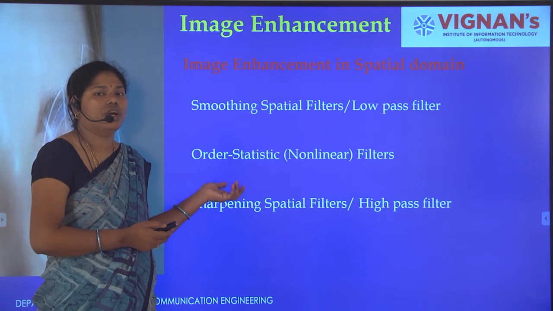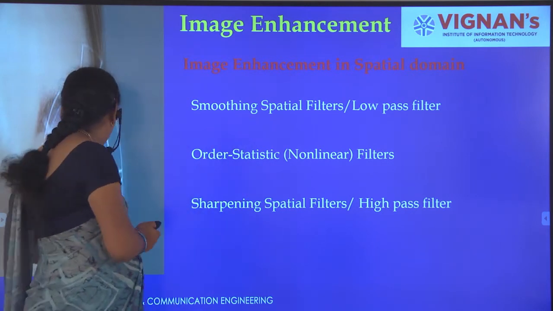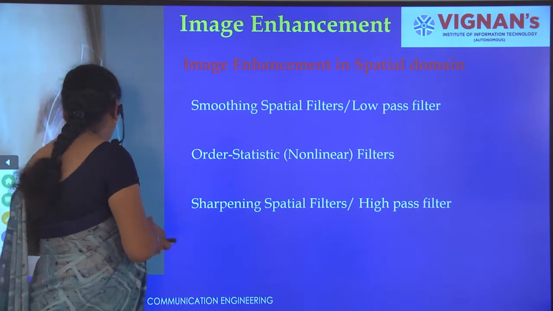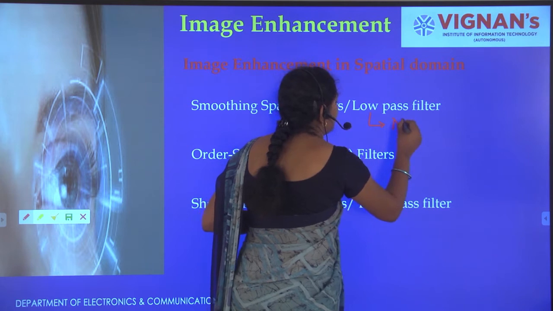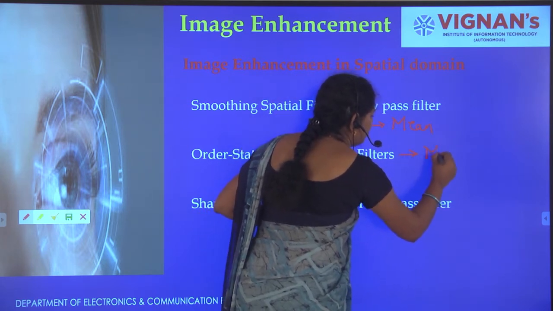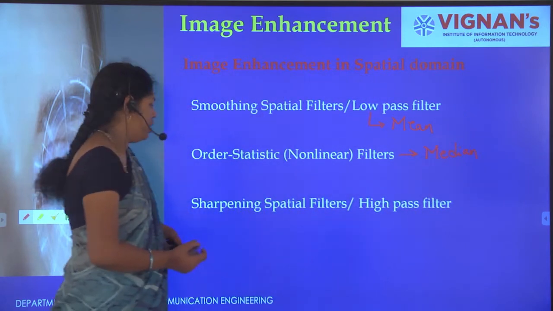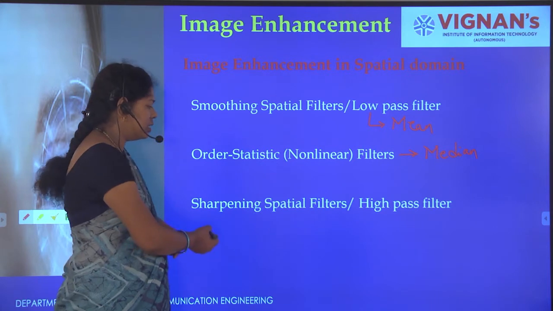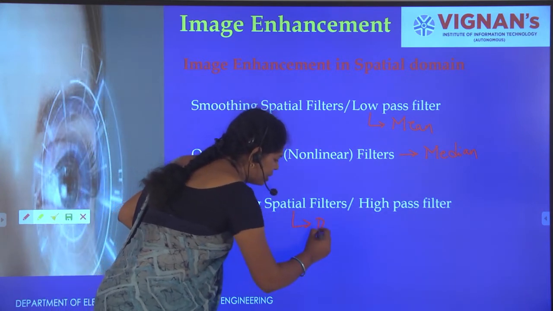In non-linear we are using median. In low pass filter we are using mean. In high pass filter we are using median. Sharpening is nothing but high pass filter. In high pass filter we are using differentiation technique.